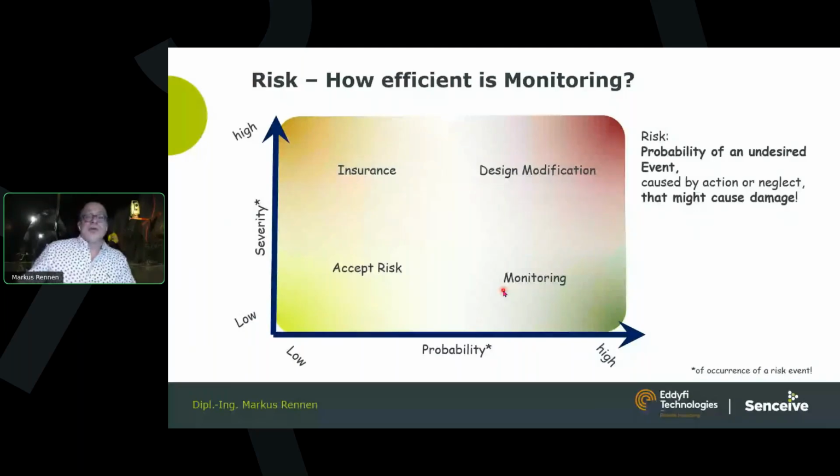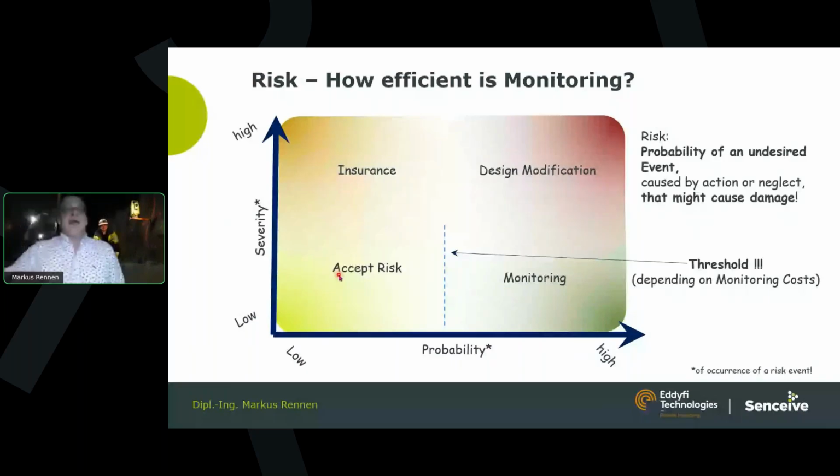So the threshold between accepting a risk and repairing it afterwards, and introducing monitoring, maybe manual monitoring or automated monitoring, depends exactly on this threshold.